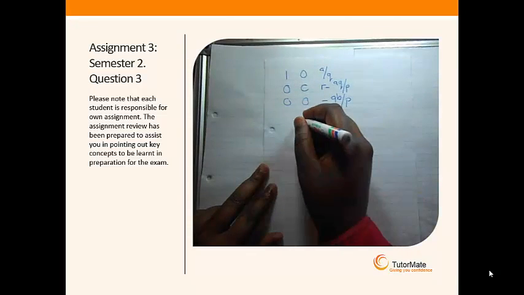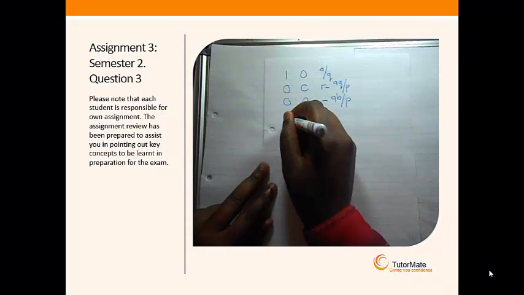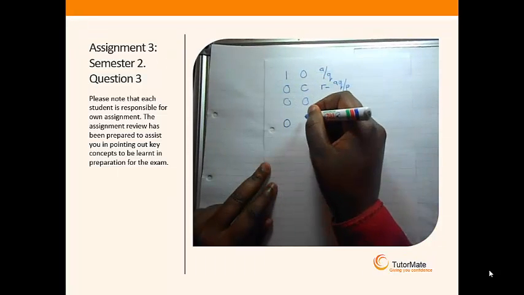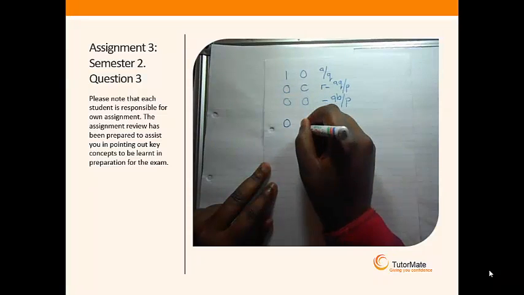So if I divide my second row by C, 0 divided by C is equal to 0. C divided by C, I'll get 1.